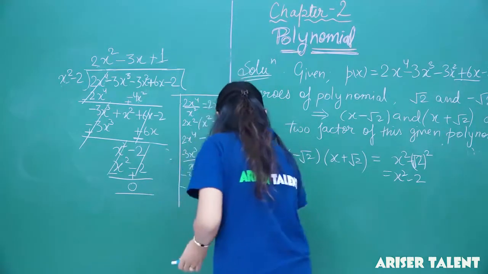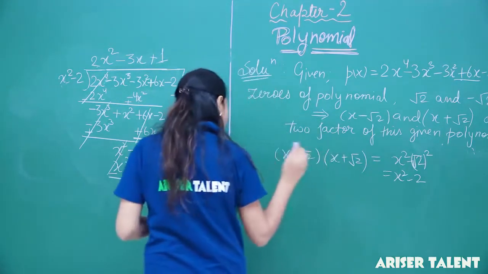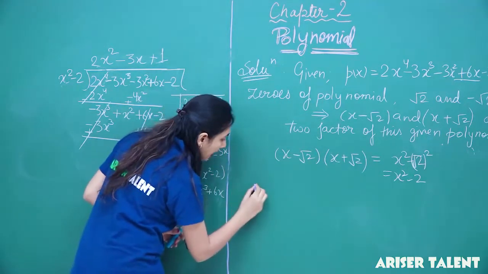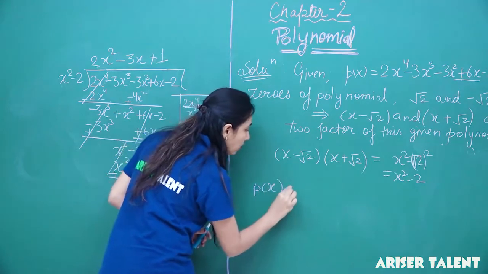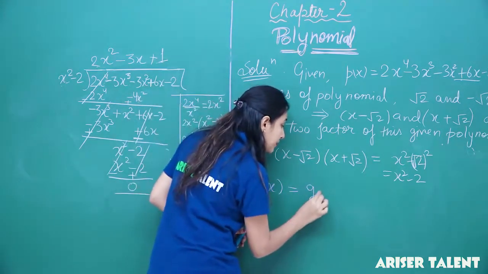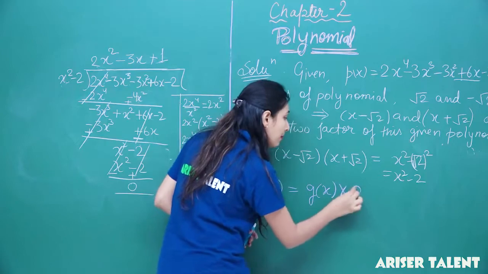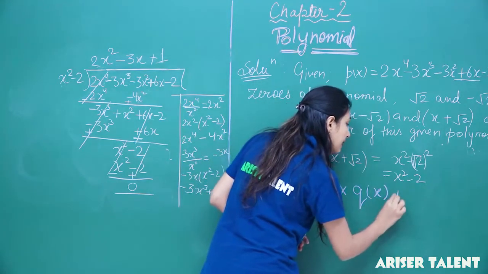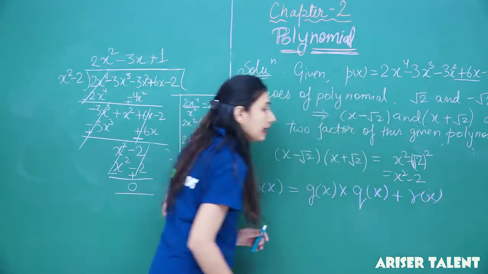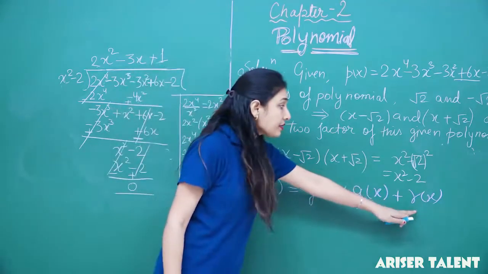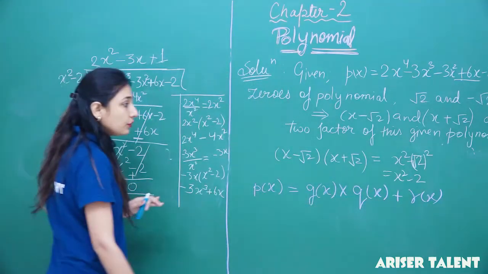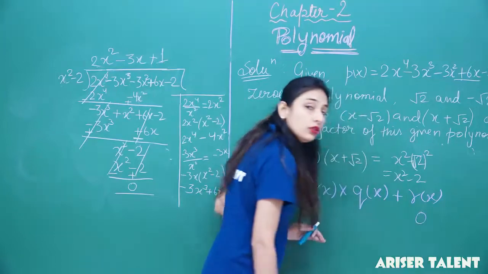Okay, because as per the division algorithm, we have P(x) equals G(x) multiplied by Q(x) plus R(x). In this case, we have found R(x) equals 0.